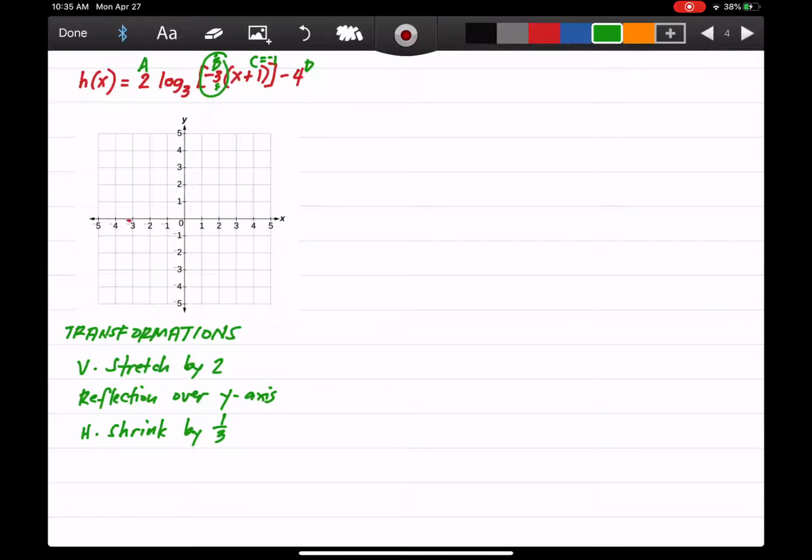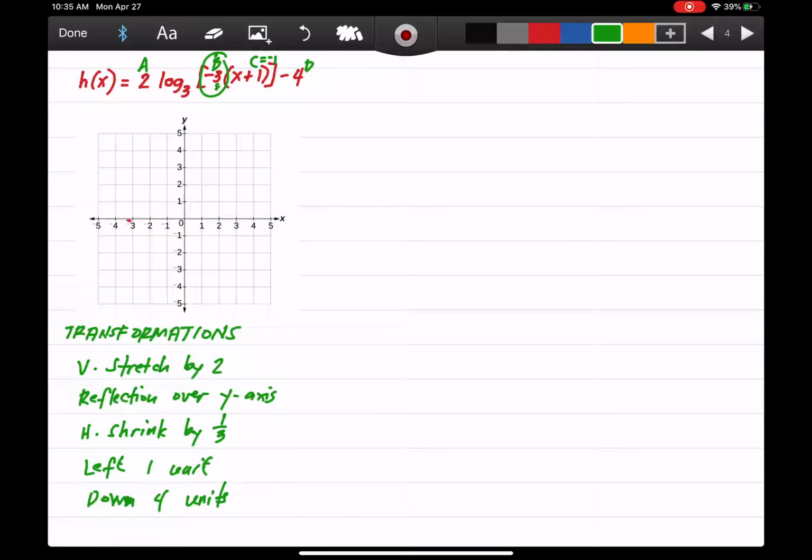You always have to get its reciprocal when it comes to B, okay? And for your C here, it's -1, so we are expecting a shift to the left, left 1 unit, and then down by your value of D, down 4 units.